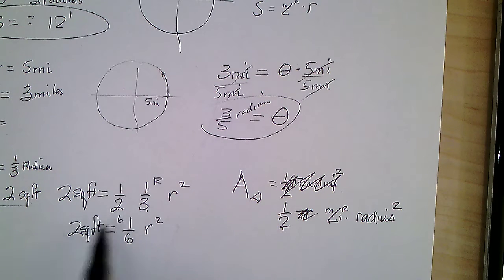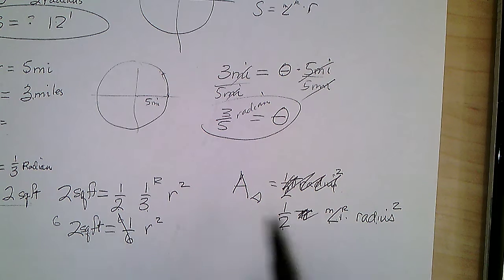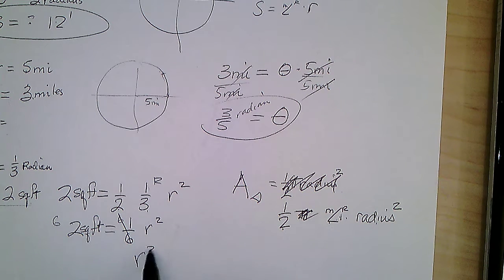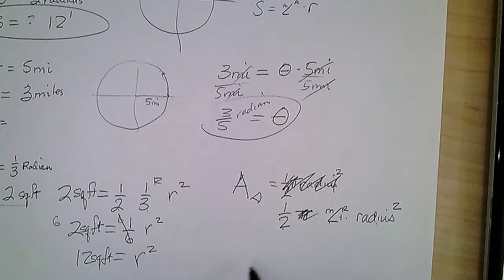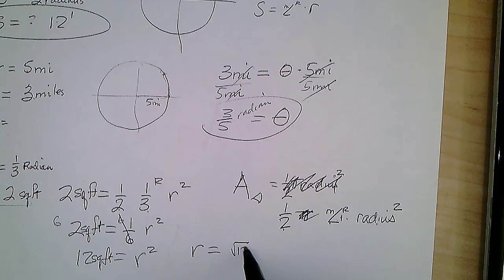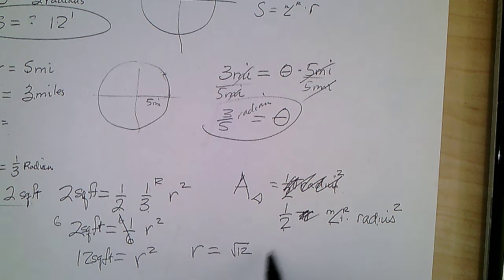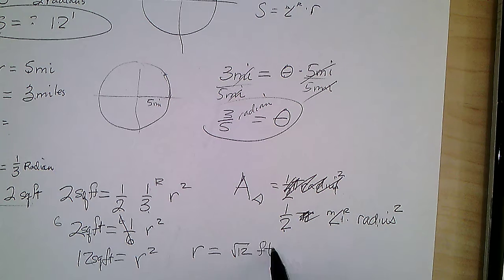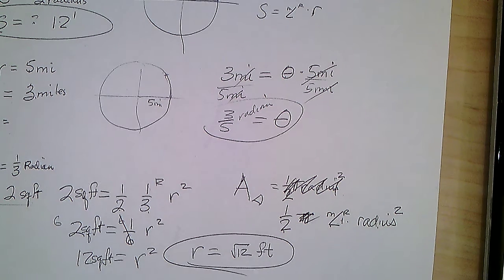Multiply both sides by 6 to get rid of the 1/6, and I get the radius squared is 12 square feet, and so the radius is the square root of 12 feet. Okay.